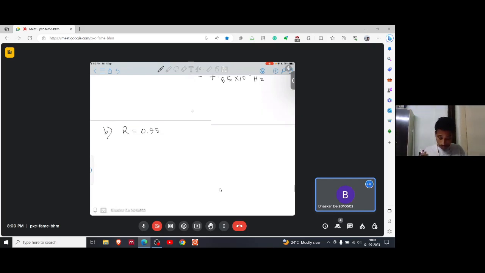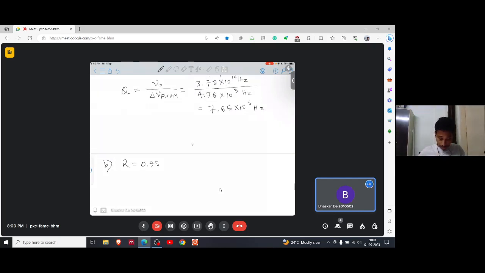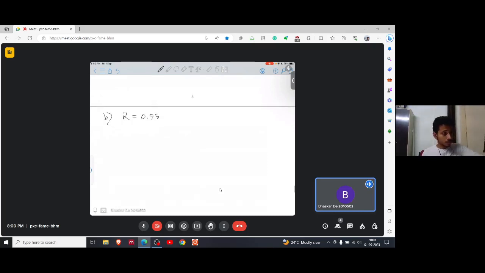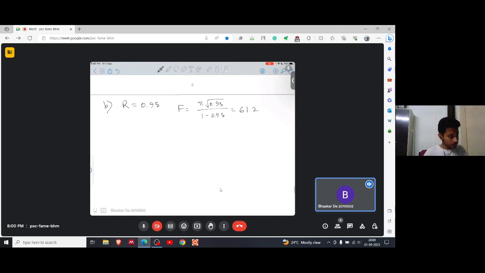Okay. So R equal to 0.95. So the F will be pi root over 0.95 by 1 minus 0.95. It will be 61.2.